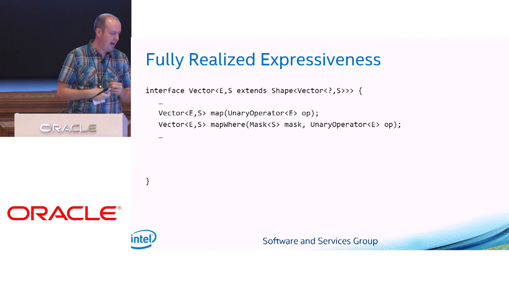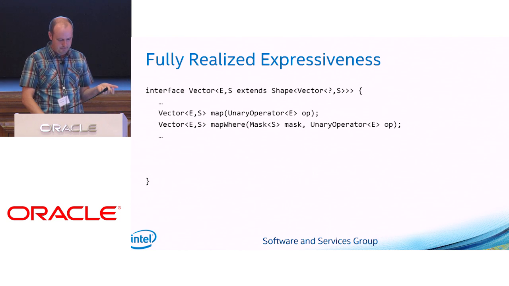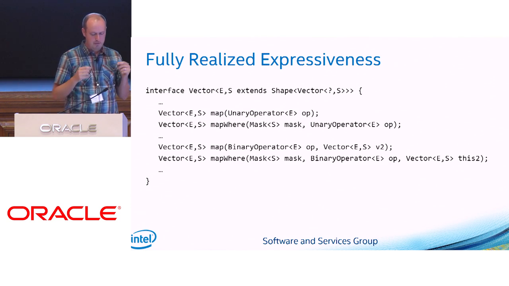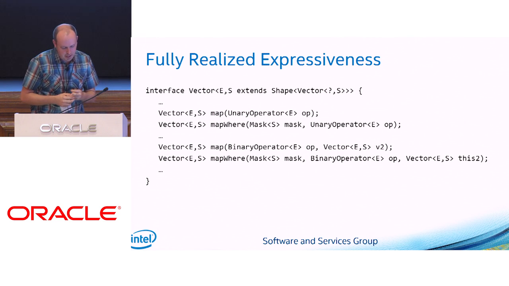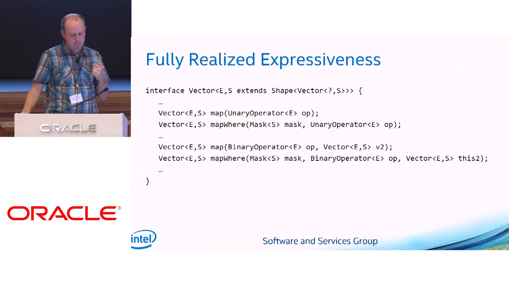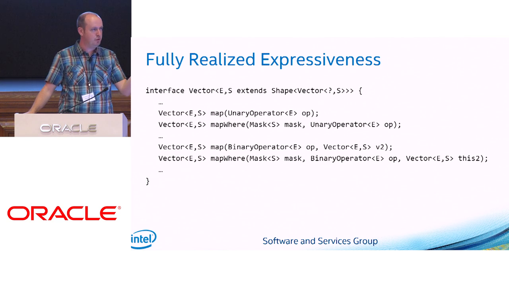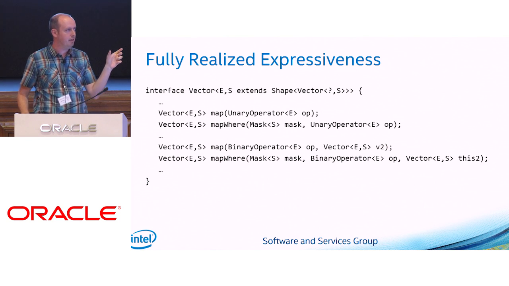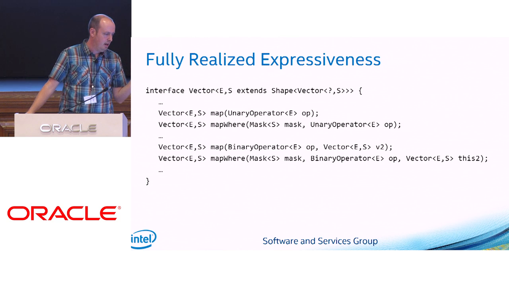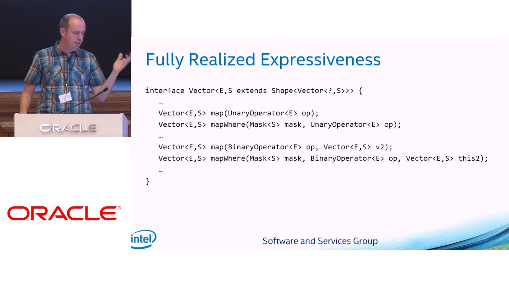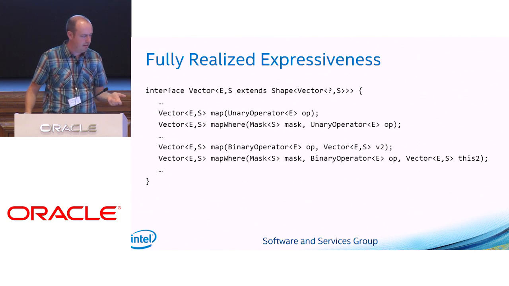And then you have a masked version of that map. We have a similar operation, which you could also call a zip or some kind of reduce. You have two vectors and a binary operator, and you reduce them down to one vector. Likewise, there's a masked version of that.